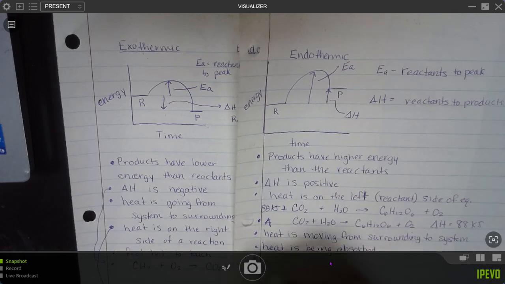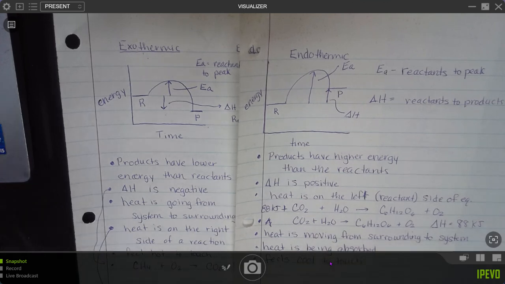This type of reaction would feel cool to the touch. And that makes sense because if you're touching it with your fingers, you feel it being cold. The heat is going from your fingers into the container.